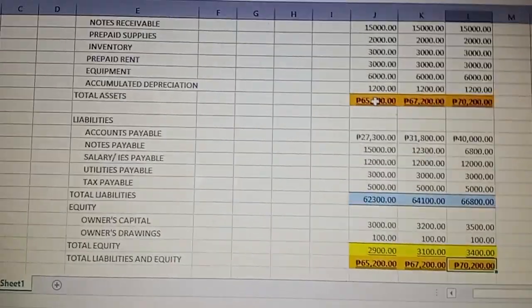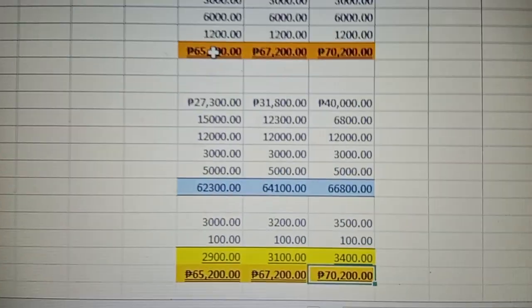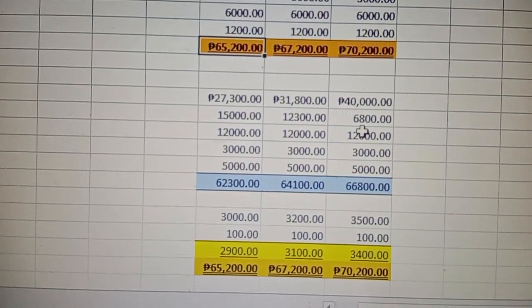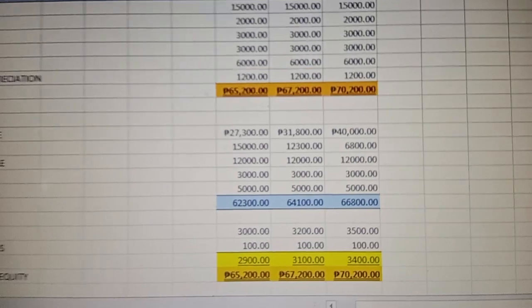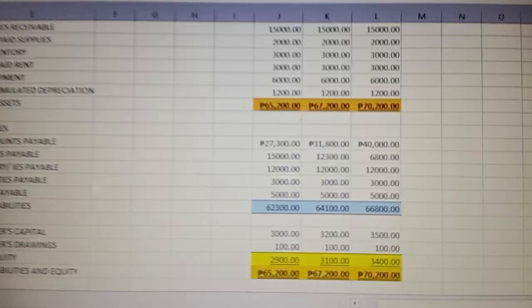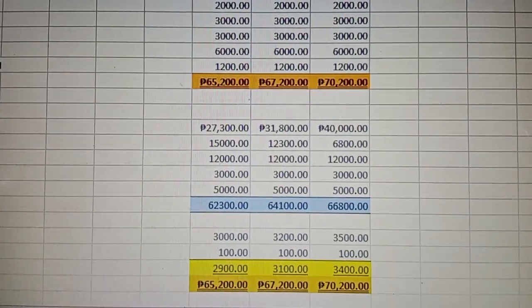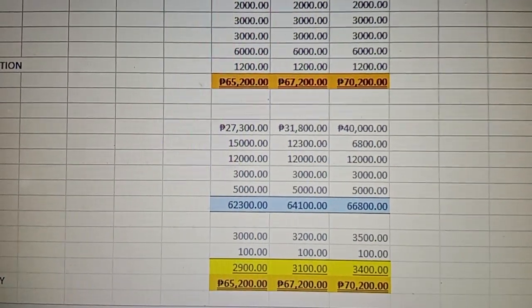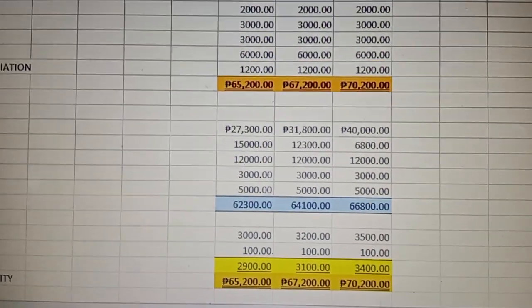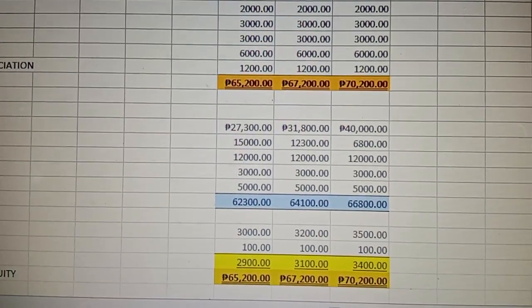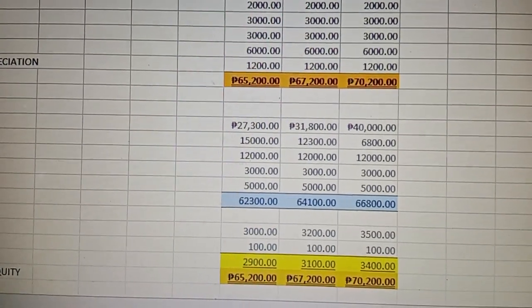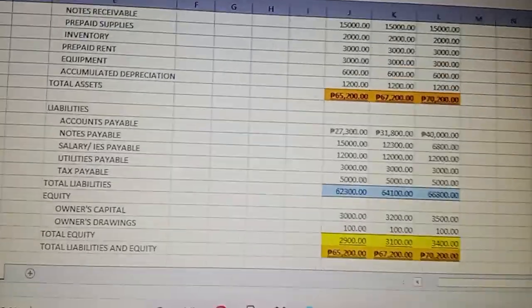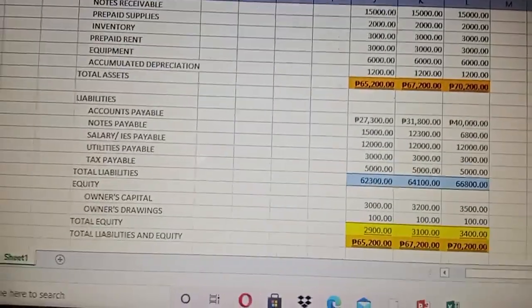Now you compare the two of them, and you will notice that the total assets and the total liabilities and equity are exactly the same, because that's the reason why it is called a balance sheet.